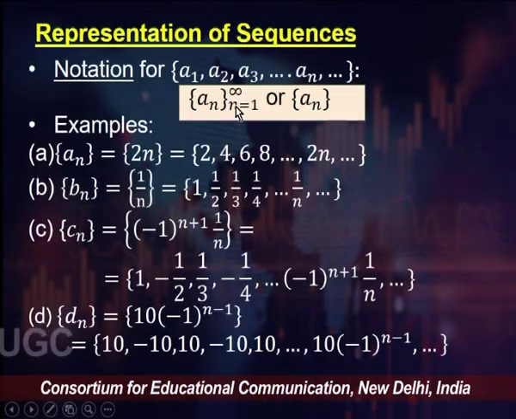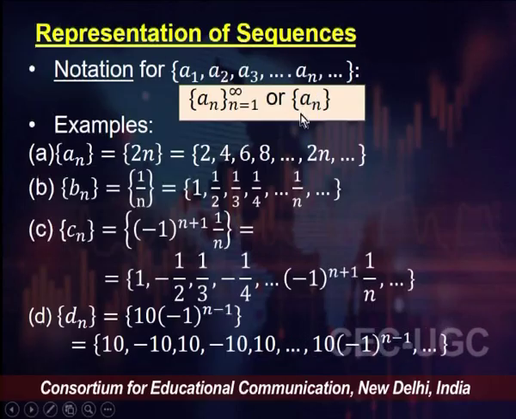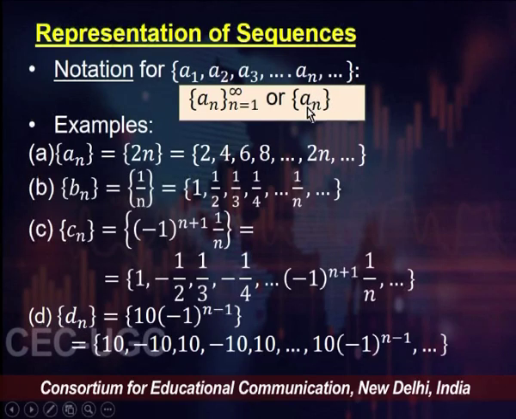Right. Now, before I move further in the discussion, let me also bring in some notation for sequences, because we have listed out our numbers as A1, A2, A3 and so on. In a compact form, we can use this notation where we write the general term of the sequence A sub n in curly brackets, and this then represents the sequence A1, A2, A3 and so on.